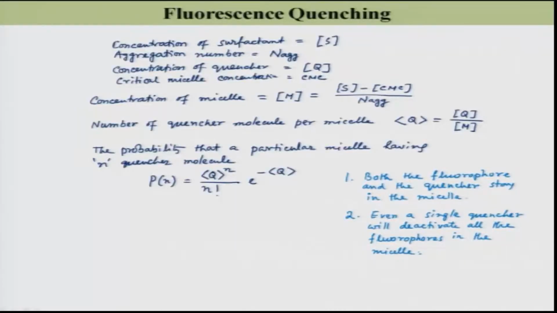I will create the condition that way, and there is very little chance that a micelle has more than one fluorophore but only one quencher. I will not let that condition come, right. So, in this case both assumptions will be satisfied. If so, then let us see what will happen.